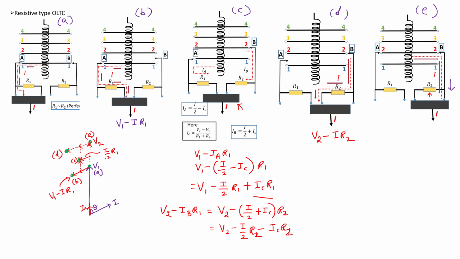The resistive case is very simple actually. It's not like the reactive type. The reactive type is a little bit tricky because when there is no current also there will be some voltage in the reactance when the other portion is having the current, because the flux is linking this winding also, therefore induced EMF will be there. But in the resistive type, no such complexity arises.